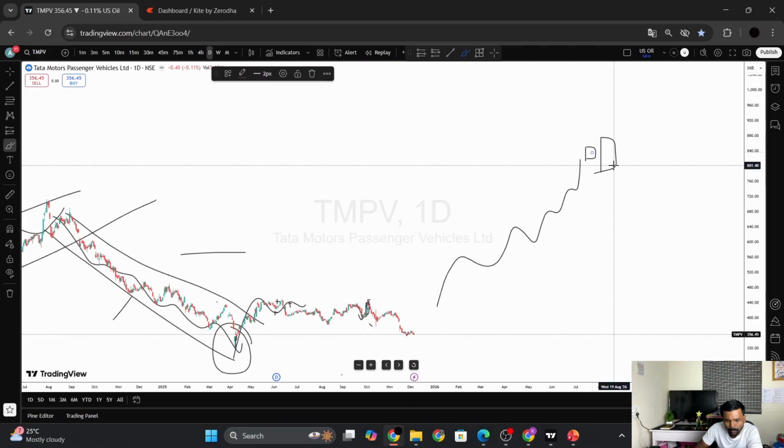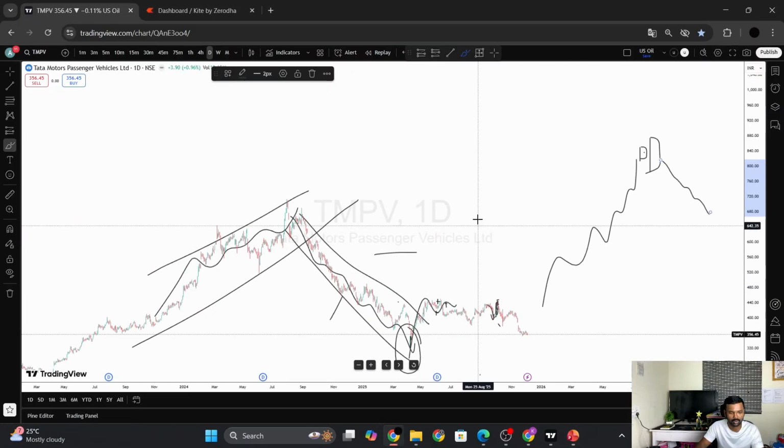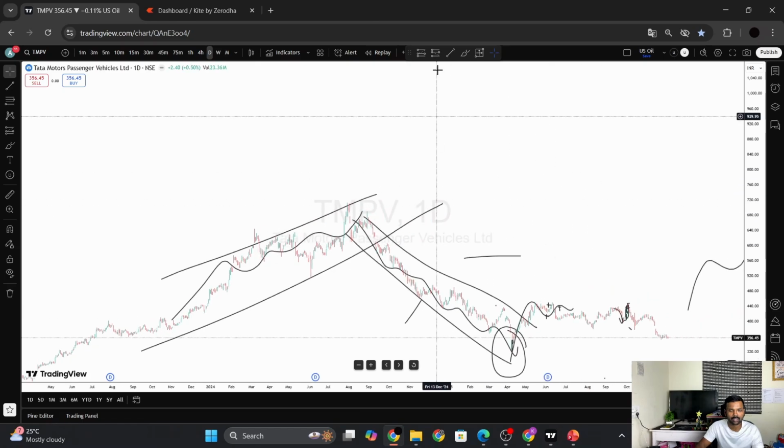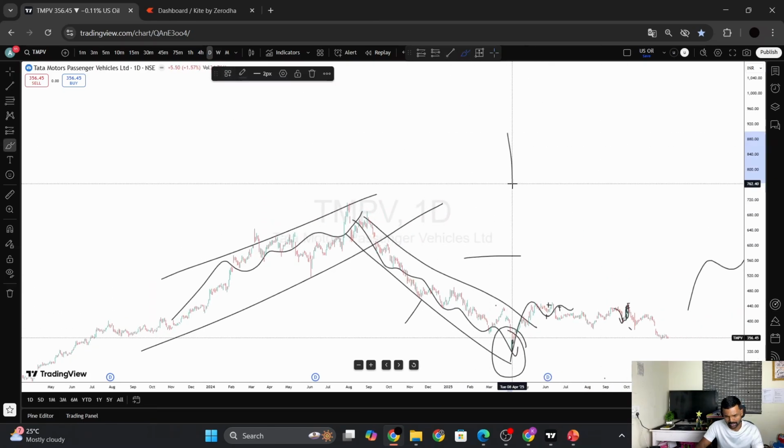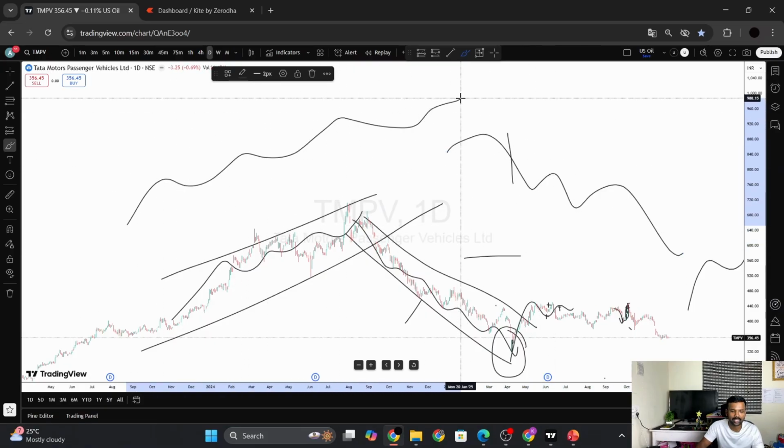That is bearish engulfing, and if this happens, the price starts to come down. So this candle should happen at the top. Bearish means a red candle, it will come down. Bullish means a green candle, it will take the price up.